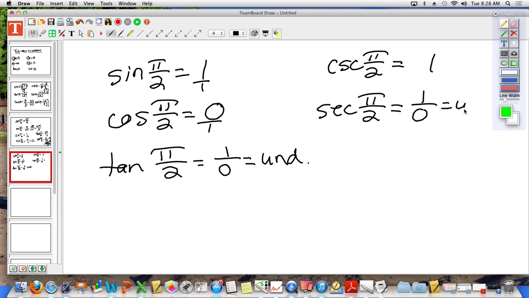Undefined. Now the cotangent of pi over 2: the tangent originally was 1 divided by 0, so it's 0 divided by 1 for the reciprocal, which is equal to 0.